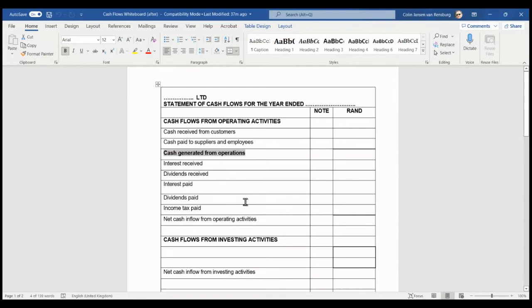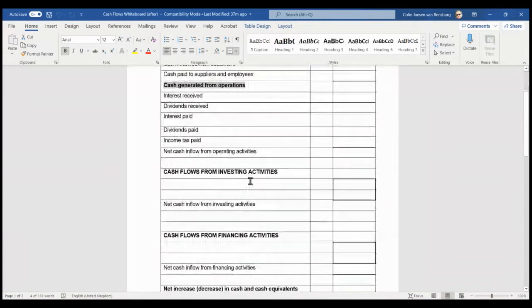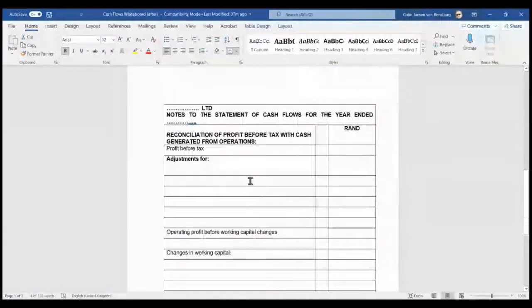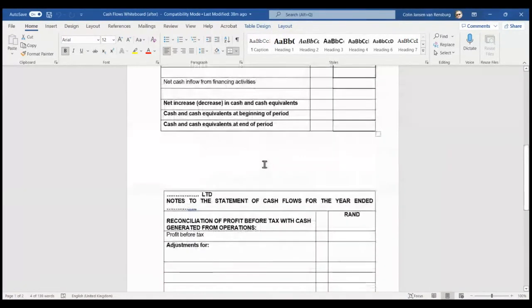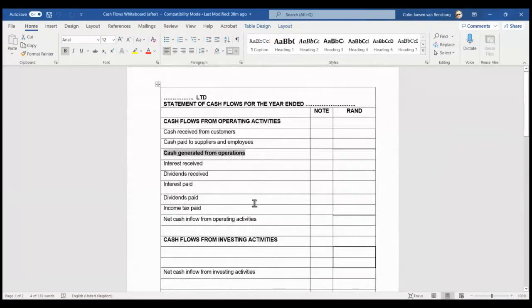Now, ladies and gentlemen, perhaps just before we discuss this section, let me just scroll down to the note. So the modern trend in business is to present the face of your statement of cash flows, like we did here, on the direct method, right?